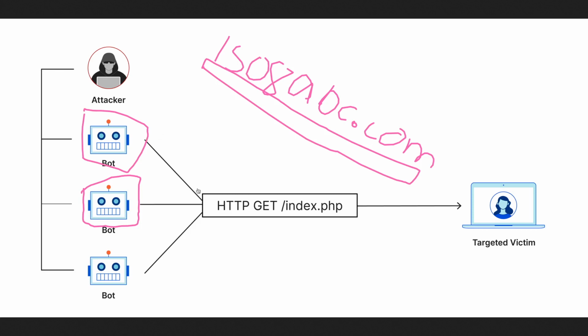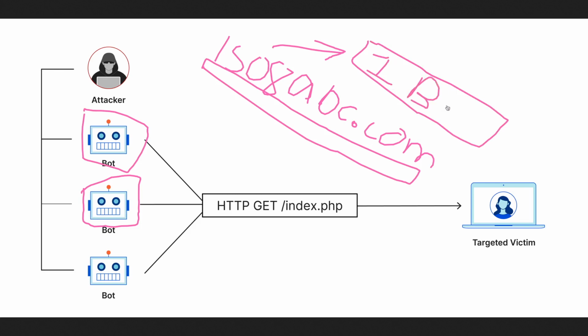So first of all, let's take an example of this website. Let's say this website is being hosted on a great web server that can handle, let's say, 1 billion users at a time. Let's say 1 billion plus users. Most of us know what happens when the user limit gets crossed on websites.